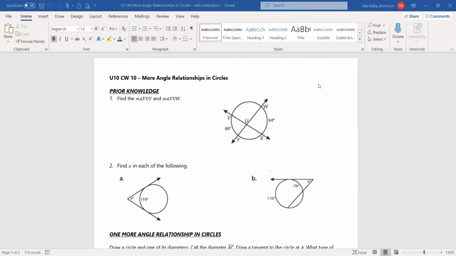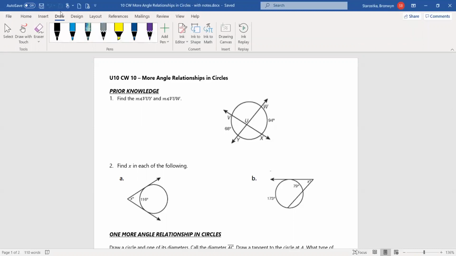Find the measure of angle VUY and the measure of angle VUW. The measure of angle VUY is 1/2 of 68 plus 94.